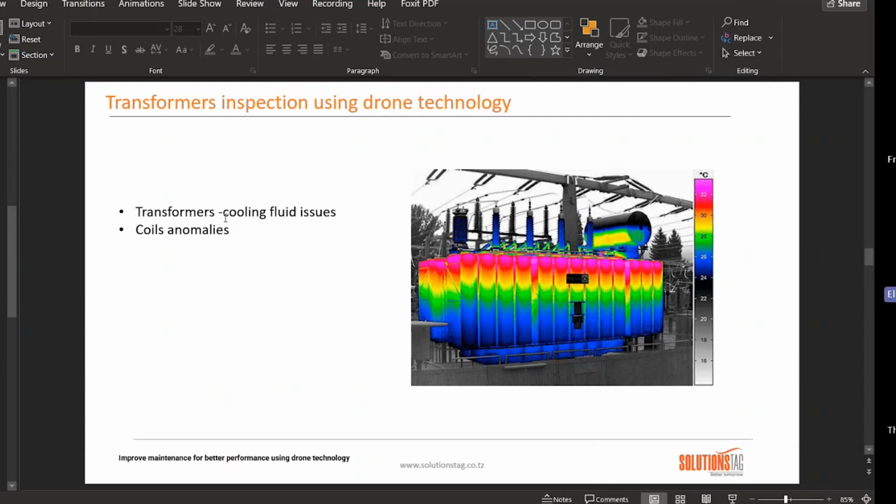You can also identify any issues with the windings or coils inside the transformer, such that some of the coils are hotter than the others. So you can know that the transformer might be working currently, but in the near future there's a risk of failure.